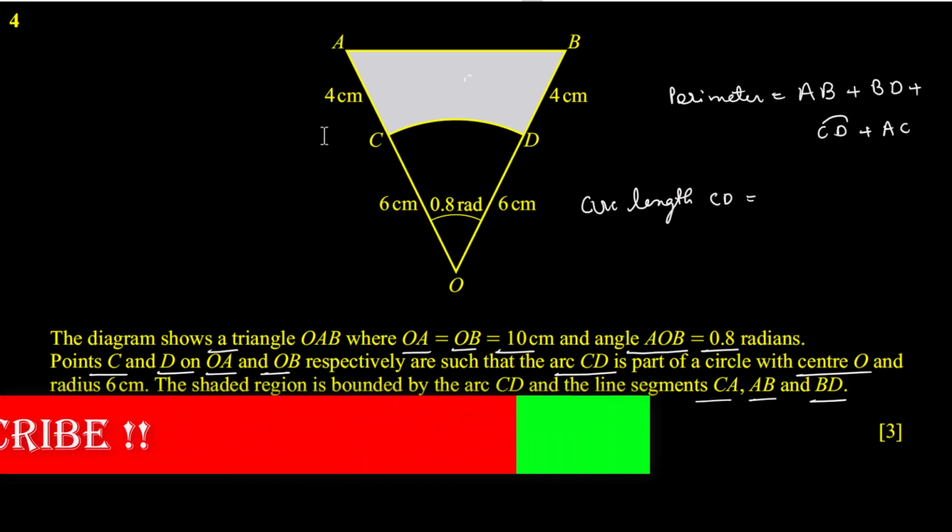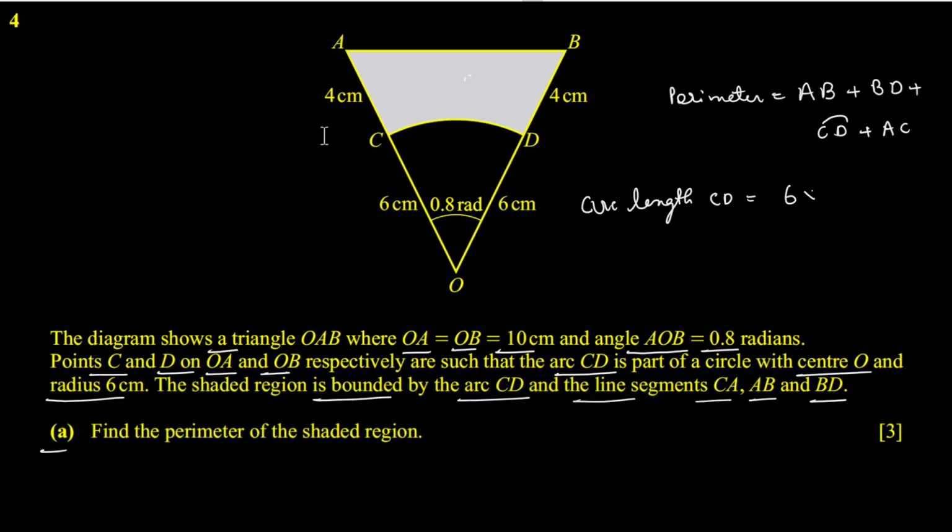So the radius here is 6 centimeters, so 6 times the angle. Since it is in radians, that's why it is r theta. Otherwise, in the case of degrees, the arc length would be theta over 360 times 2 pi r. So it is 6 times 0.8 centimeters, which is 4.8 centimeters.